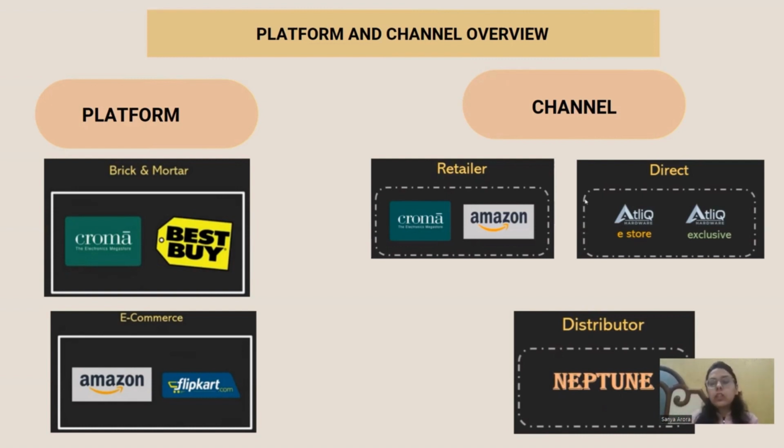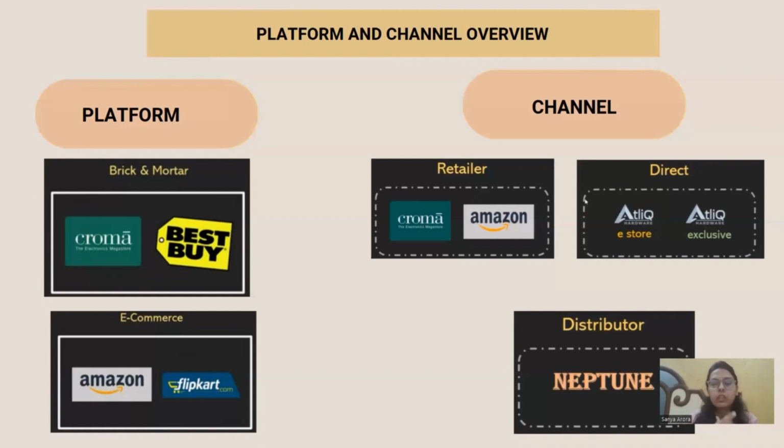Next, let us understand the concept of channel overview. Atliq has three channels: retailer, direct, and distributor. Under retailer, you can consider Chroma, Amazon as examples. For direct, like for Dell we have Dell exclusive, similarly they have their own Atliq e-stores and exclusive. These are their direct channels. Next is the distributor.